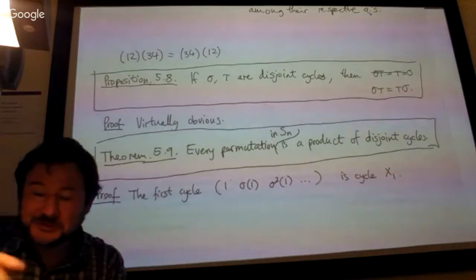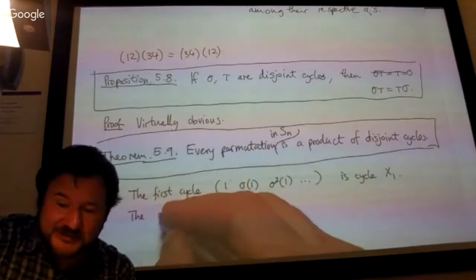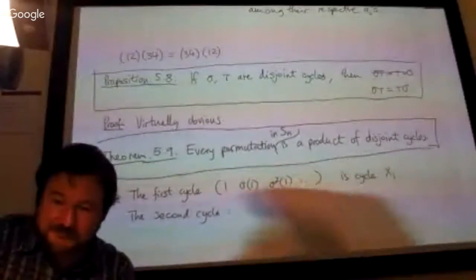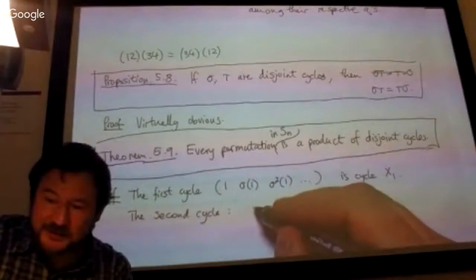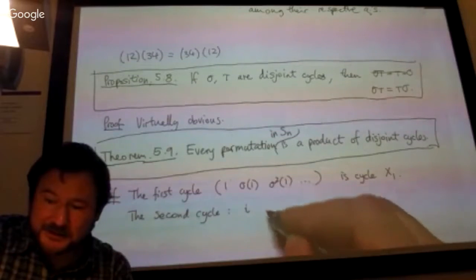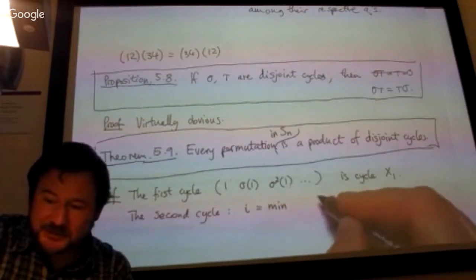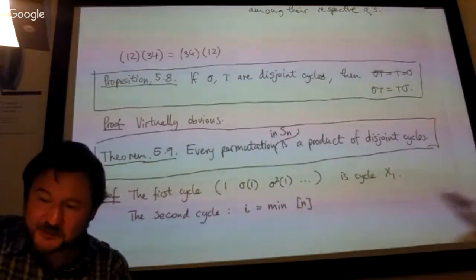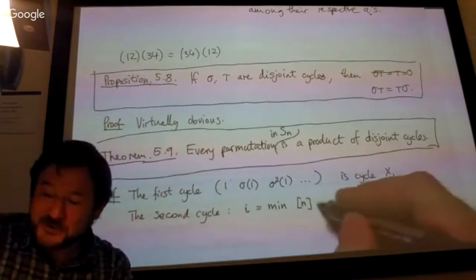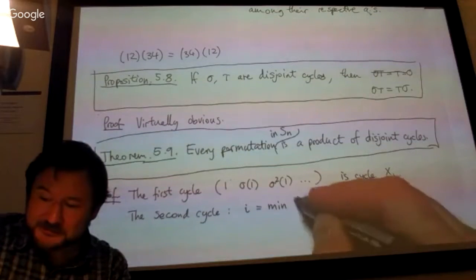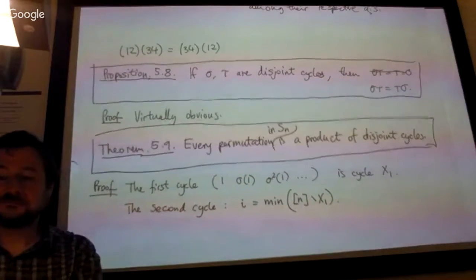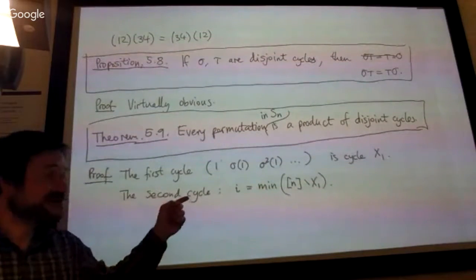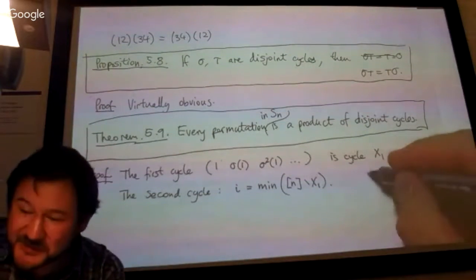And so for the second cycle, you take i to be the minimum of the elements that are in 1 to n, but not in x1. So the least element in the set of integers 1 to n, okay, this is my notation.